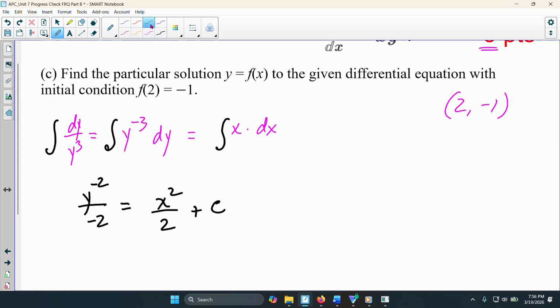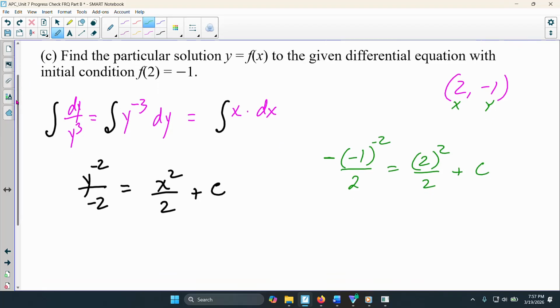So x is 2, and y is -1. I'm going to do this on the side. y is -1 right there, -1 to the -2 power, and with the -2 in front, so put a minus like this, equals the 2 in here. I'm just going to write it out so that I don't lose anything, plus c.